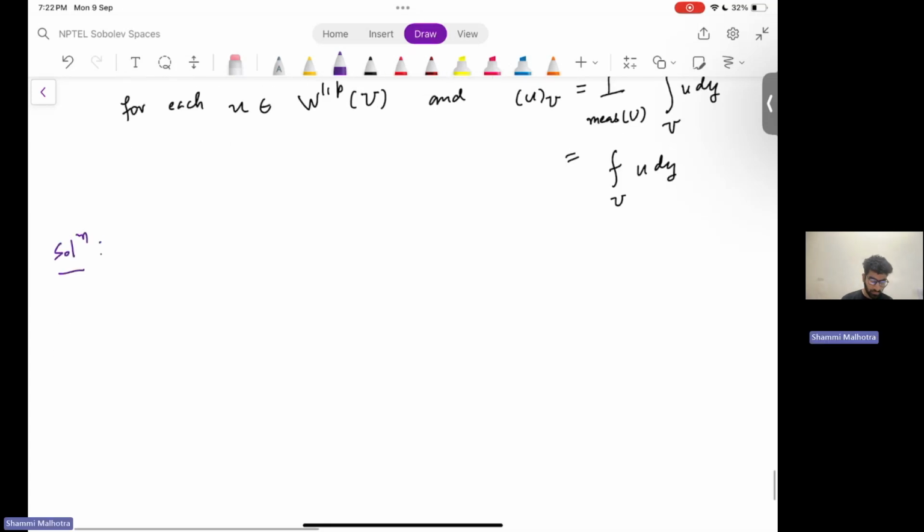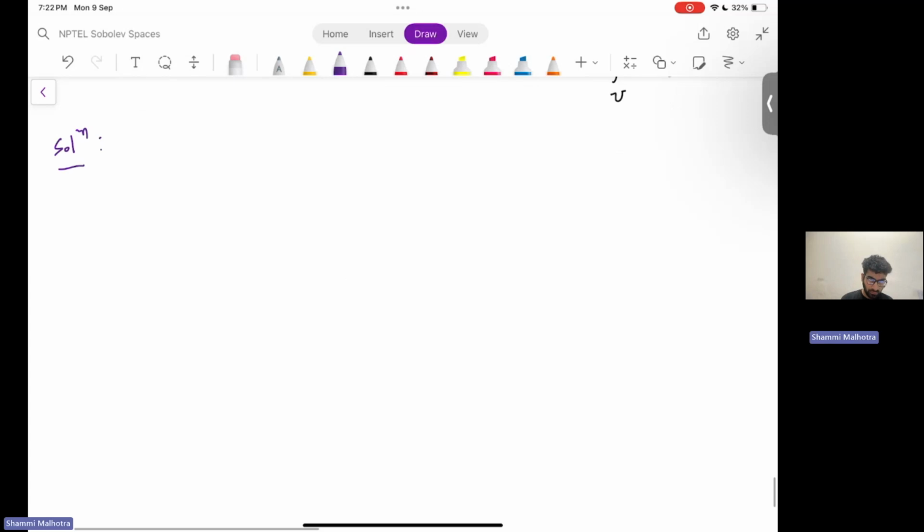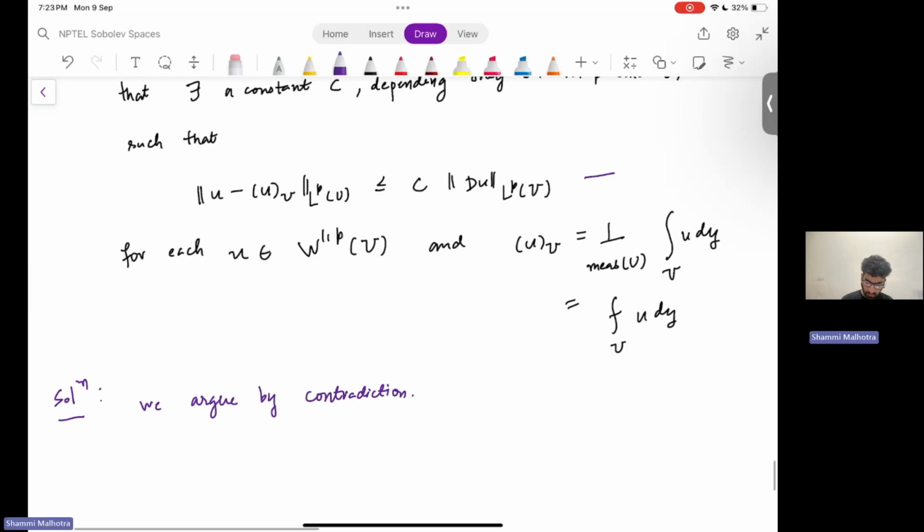So the proof actually uses this compactness theorem, the Rellich compactness theorem. So let us try to do this. We argue by contradiction. Let's denote this by 1.